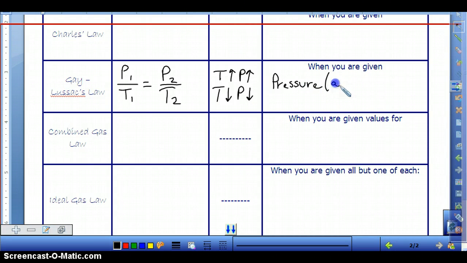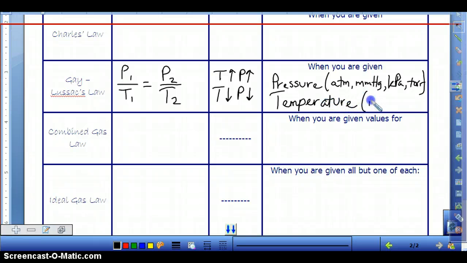You could have atmospheres, millimeters of mercury, kilopascals, or torr. And then temperature, this law also has to be in Kelvin. All right, and then when you take all three laws, Boyle, Charles, and Gay-Lussac's, you can put all three variables, pressure, volume, and temperature, into what's called the combined gas law.